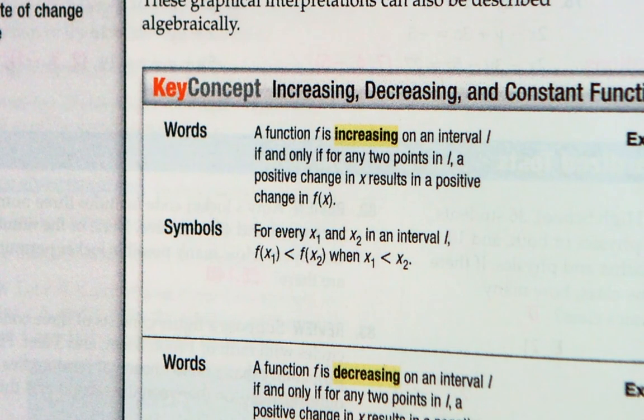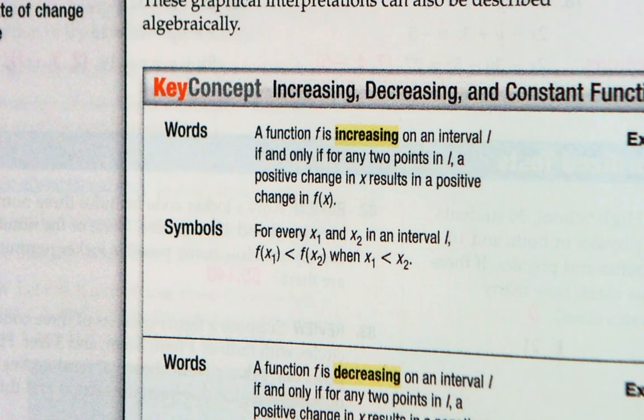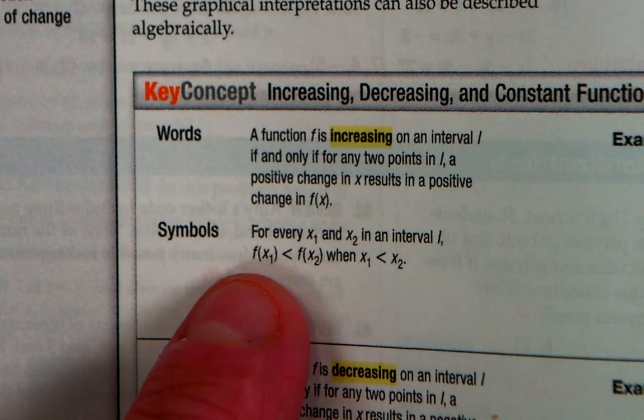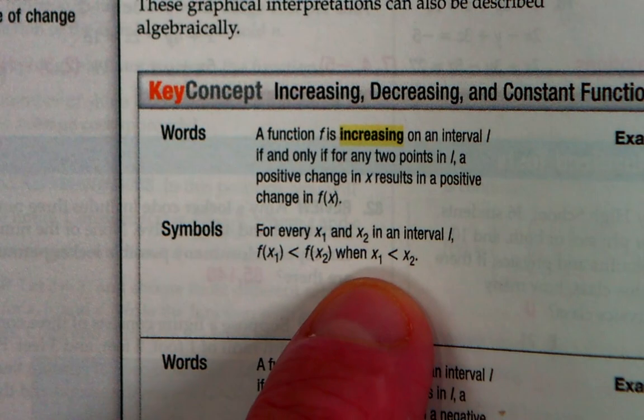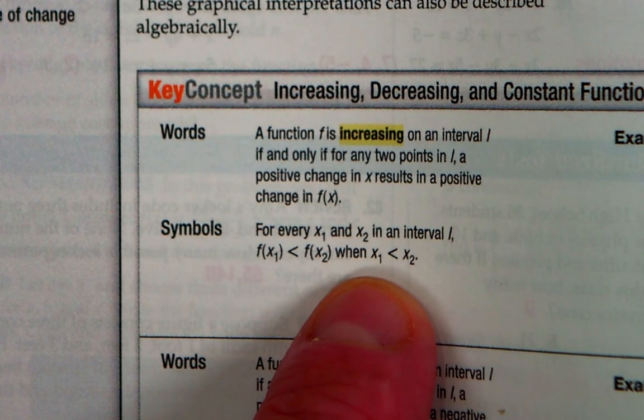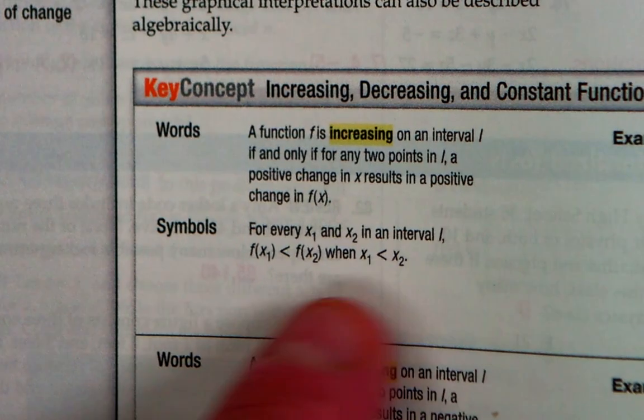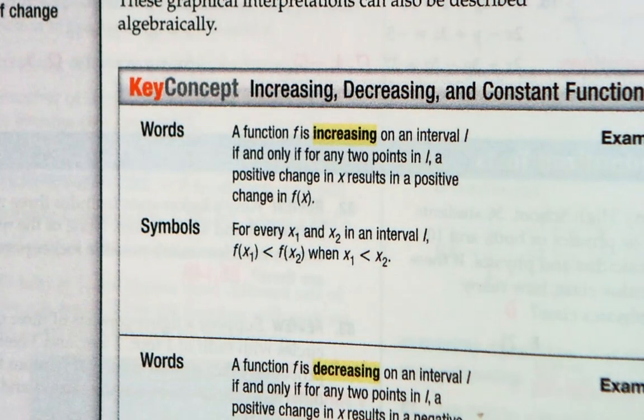In math terms, for every x sub 1 and x sub 2 in the interval I, f of x sub 1 is less than f of x sub 2 when x sub 1 is less than x sub 2. I think they should have written it the other way around, but it says a smaller result happens when you plug in smaller numbers. When you plug in bigger numbers, you get bigger results. I'm not going to put this on a test, but this is what you're going to see in college.